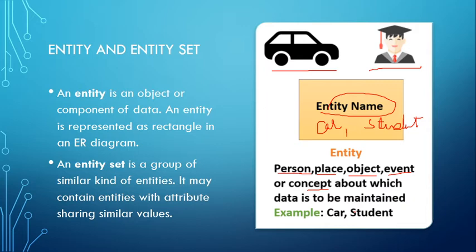All the entity sets will have some kind of descriptions, which will become a descriptive set. Similar kinds of values will be there in an entity set. So here a car is an entity, a student is an entity, a place will become an entity, an event will become an entity. Now you must be understanding what an entity is.